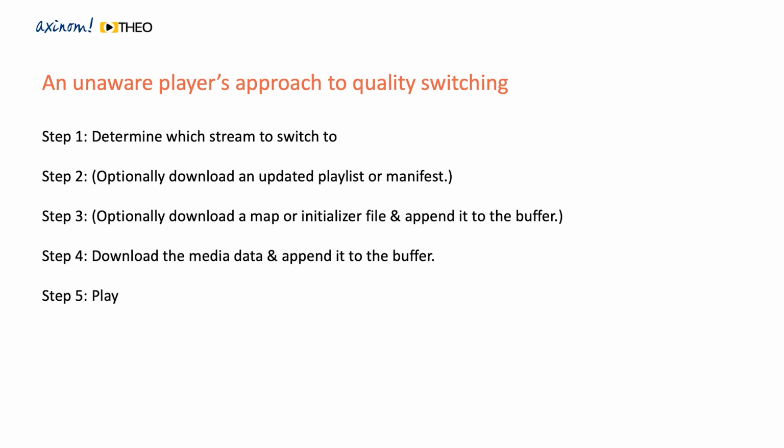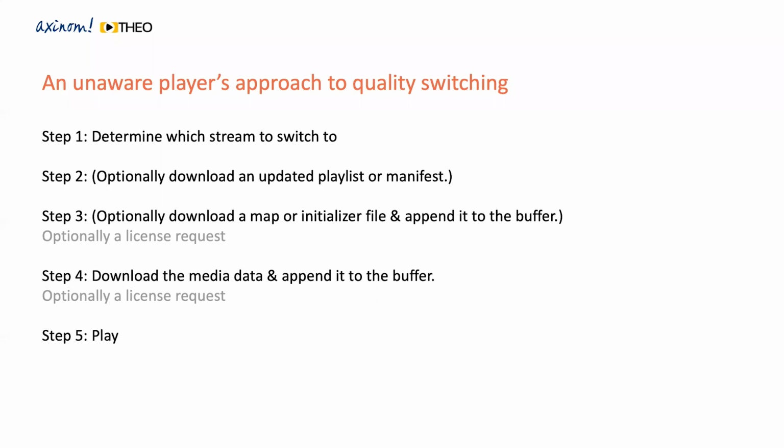But that's how this works without doing multi-key. If you do multi-key, there's something else that will happen. After step 3 or 4, so after appending media data or the initializer, you will get a license request from the CDM, because of course it will notice that a key is needed to actually play back this content.